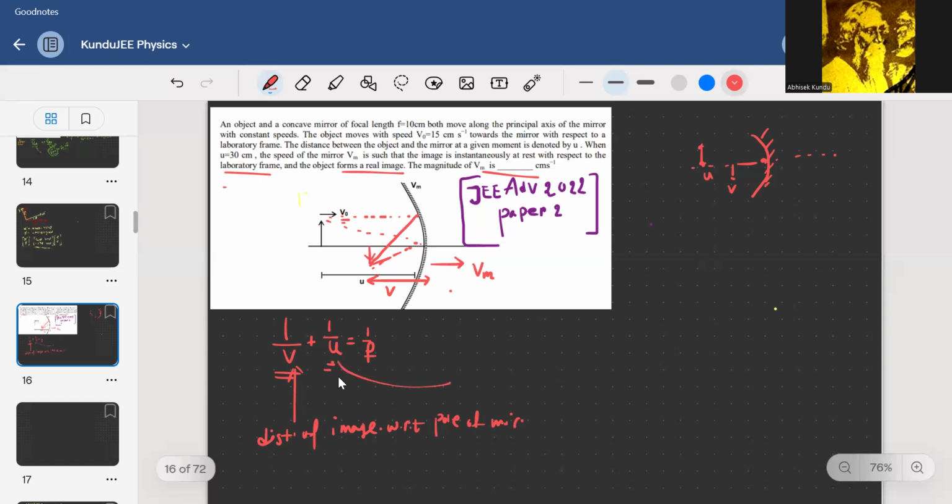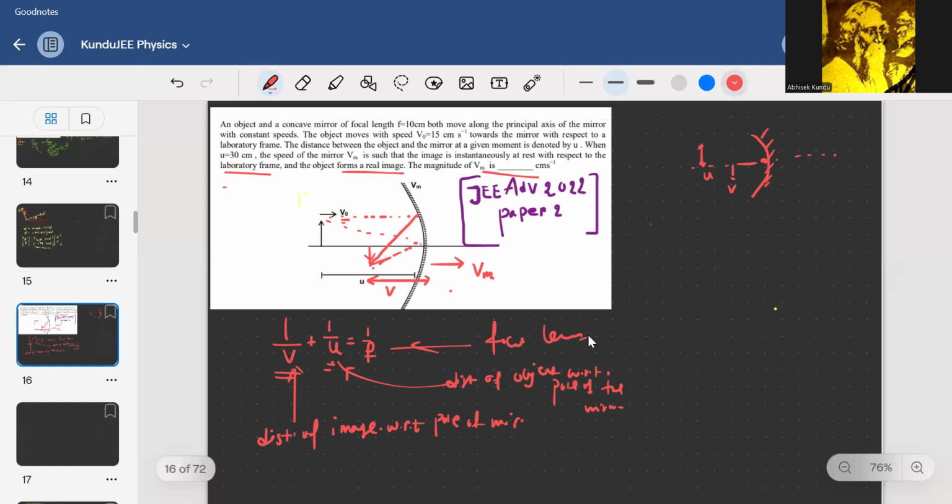Similarly, this u is also the distance of object from the pole of the mirror, or with respect to the pole of the mirror. And f is normally the focal length.